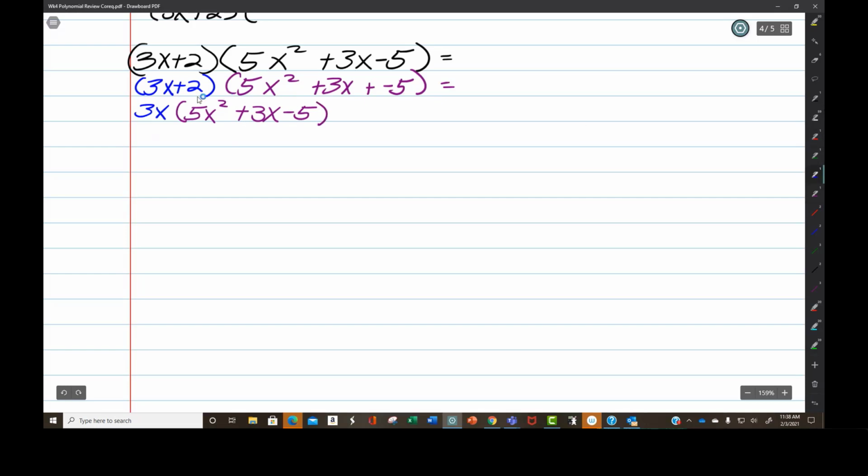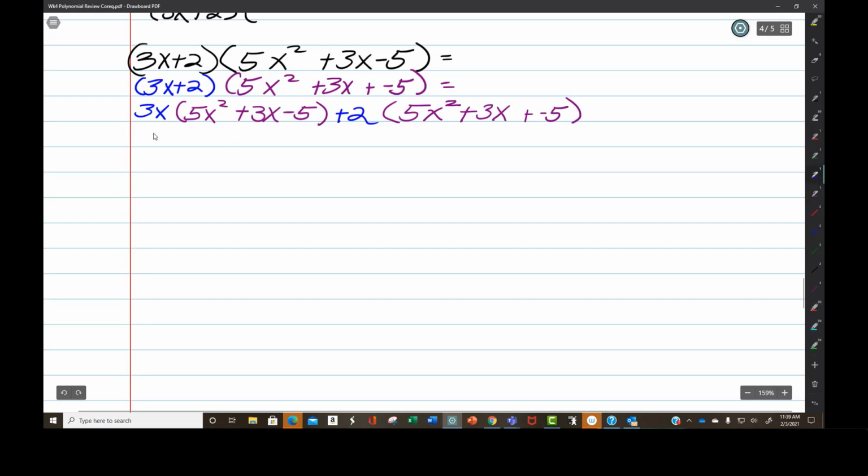And then I'm going to take the plus 2 and multiply it by the second set of parentheses. Now we're down to a monomial times a trinomial. It always works its way down that way.